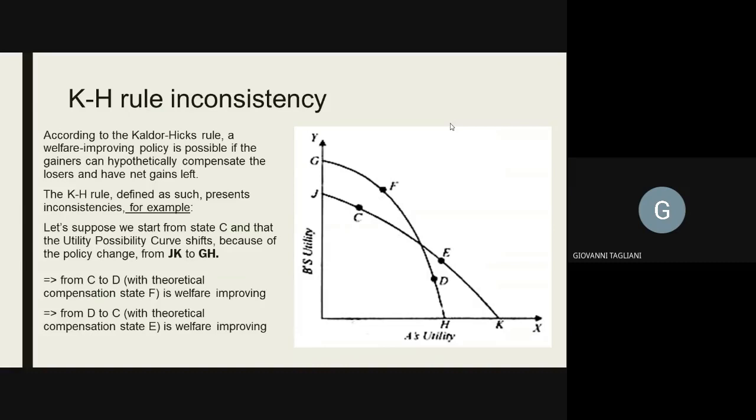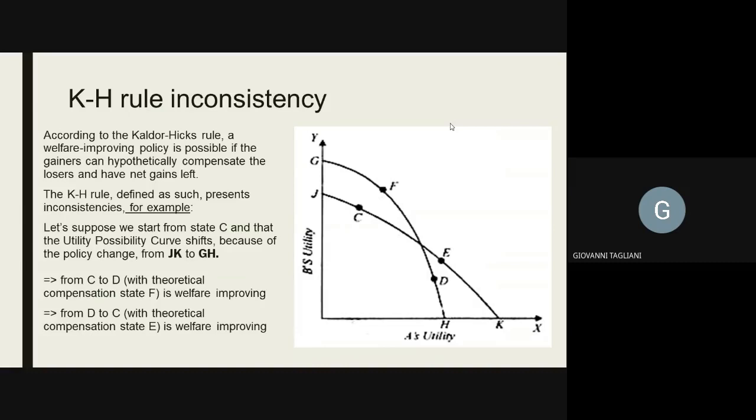So if, based on the cost-benefit analysis, we had to judge the movement from C to D, this would be approved because with theoretical compensation, moving from C to D, staying on the same utility possibility curve GH, we could reach the theoretical compensation state F, which is clearly welfare improving when compared to C. However, this is also true of the opposite direction.